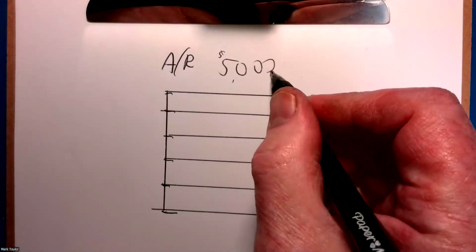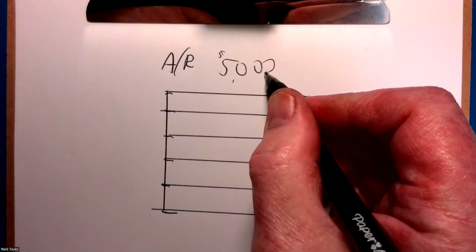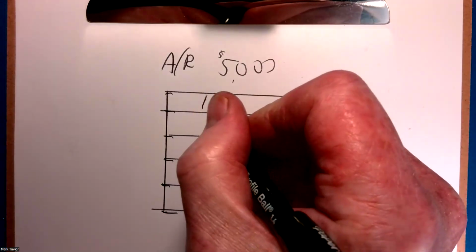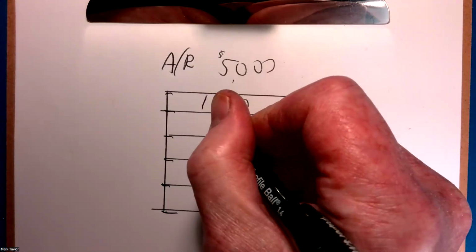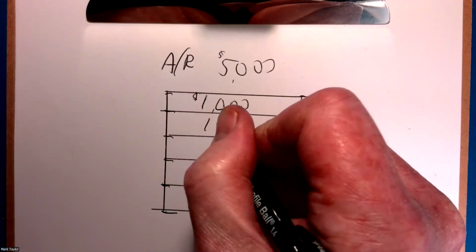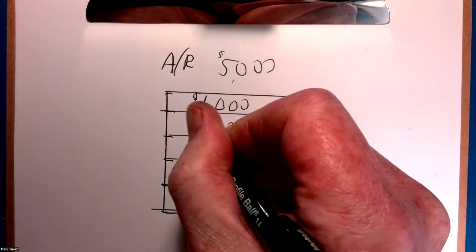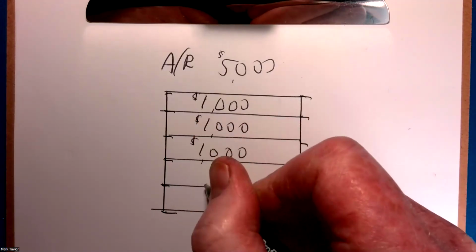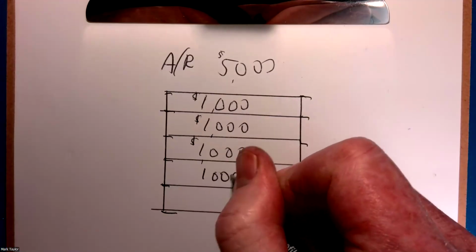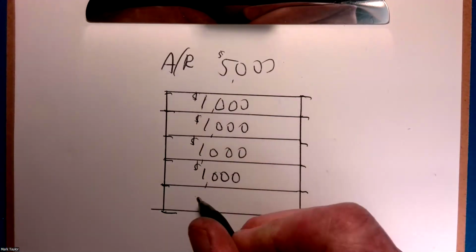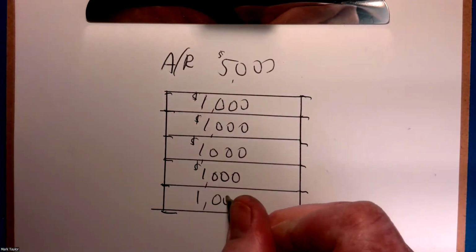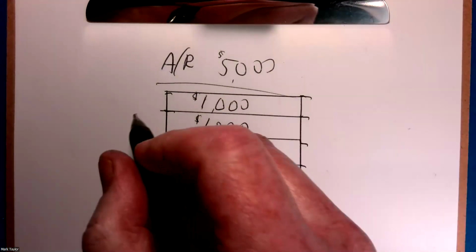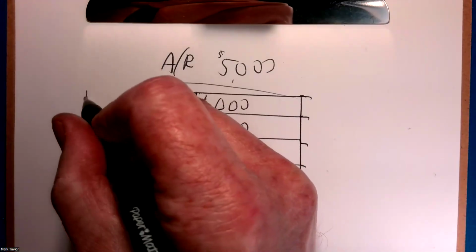So I get 5 items and we're gonna split this up. Each chunk that we'll have will be $1,000, and we call these intervals.